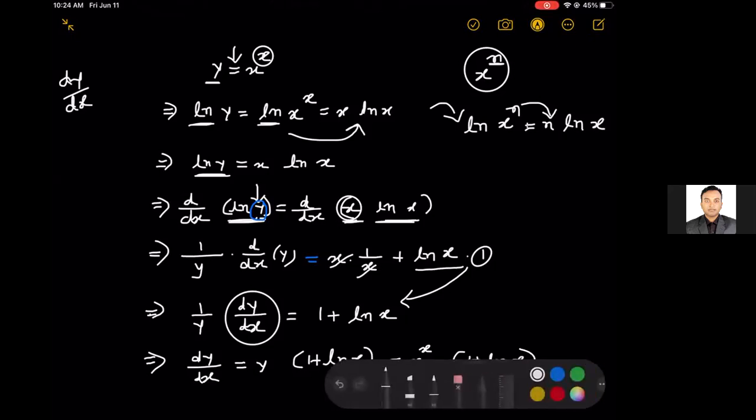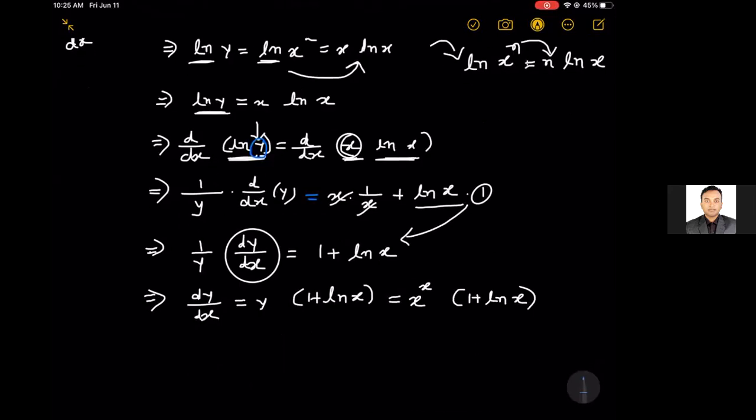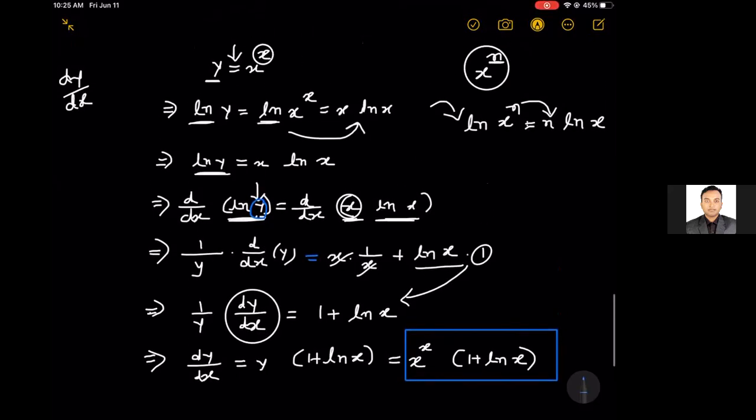See how many things we have done for a single problem. We have used the product rule, chain rule, and the formula for the natural logarithms. So many things for a single problem.